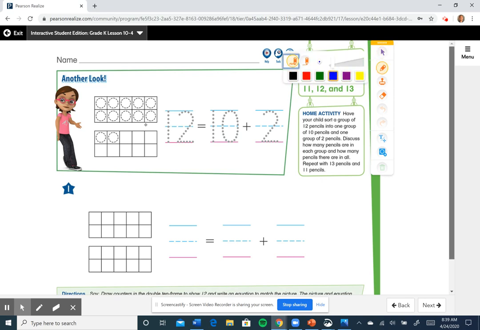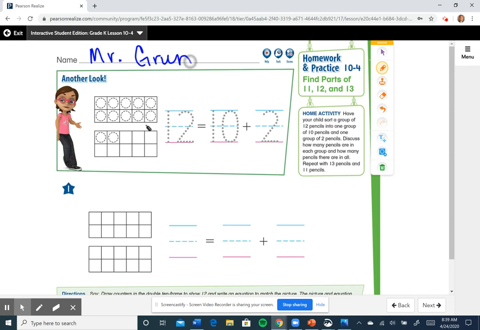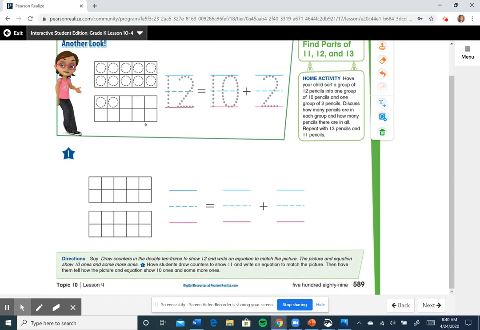Now we're on page 589. It says, have students draw counters to show 11 and write an equation to match the picture. You need to have an equation that shows 10 ones and then some ones.